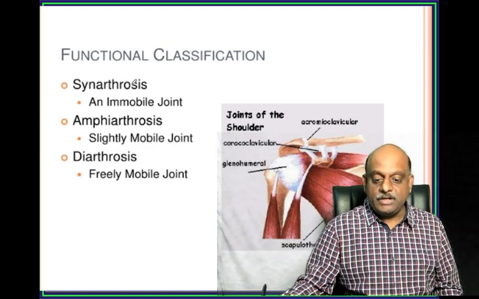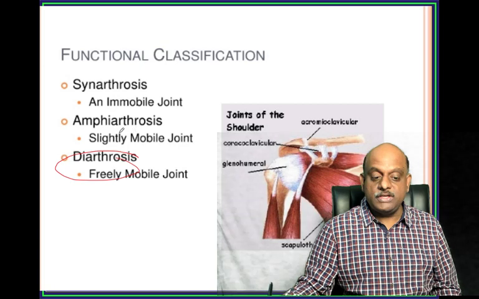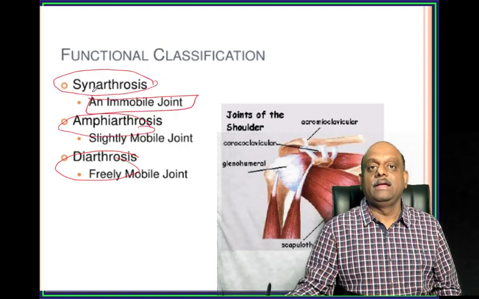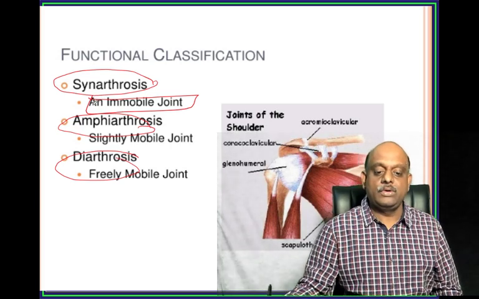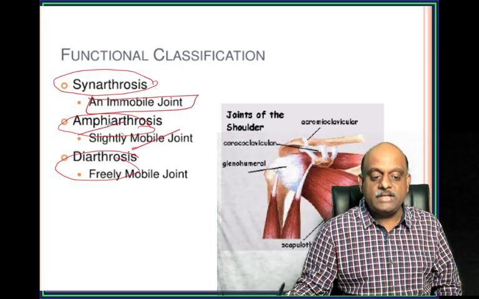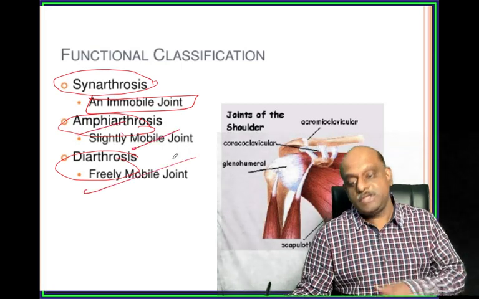So, what are the functional classifications? Diarthrosis, amphiarthrosis and synarthrosis. Synarthrosis is an immobile joint. Slightly mobile is amphiarthrosis, freely mobile is diarthrosis.